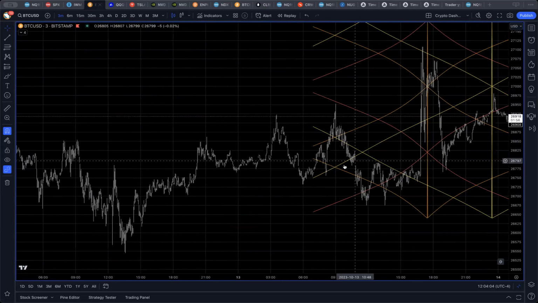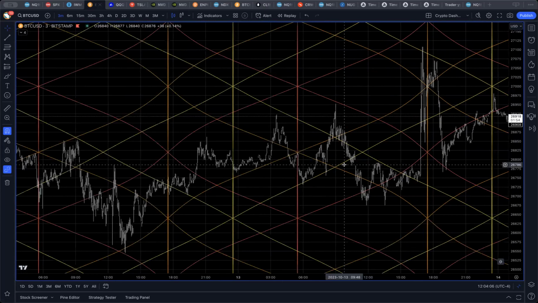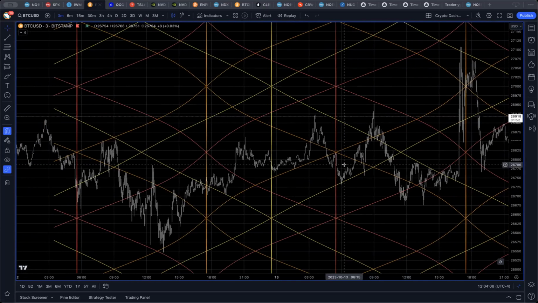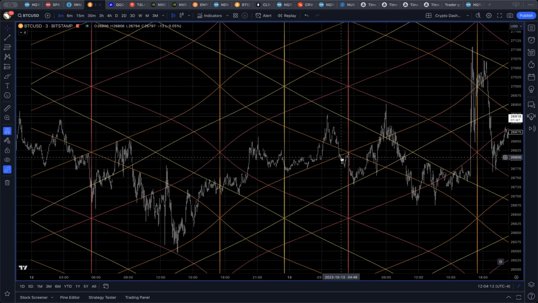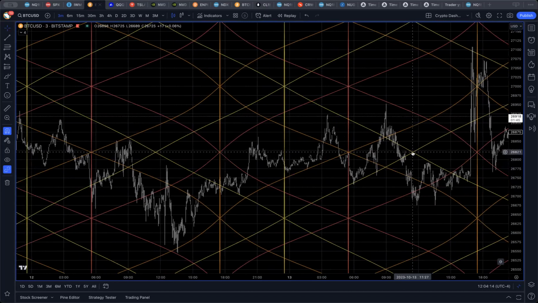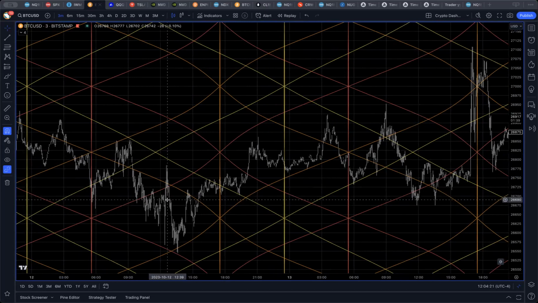But let's go back and see a few more examples here. It seems to work a little bit better with weekend chop is what I'm seeing. So we've got 2 yellows here, prices down here, 26,707, go across to the previous time.